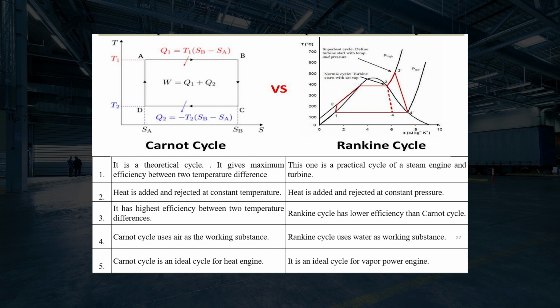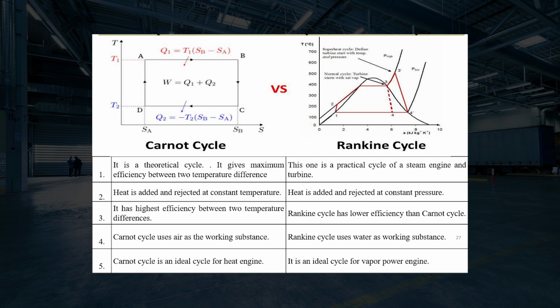Comparing the two, number one, Carnot cycle is a theoretical cycle. It gives maximum efficiency between two temperature limits, whereas the Rankine cycle is a practical cycle of a steam engine and turbine.